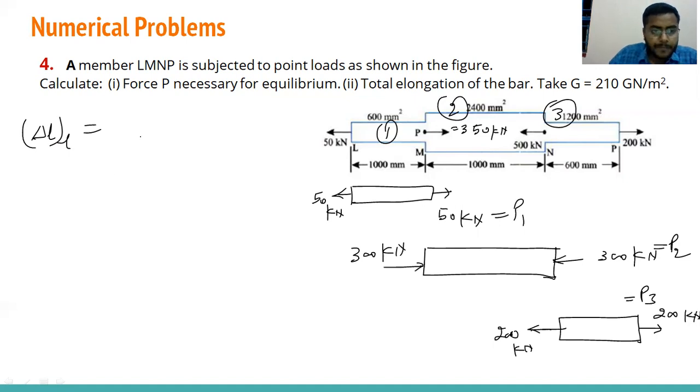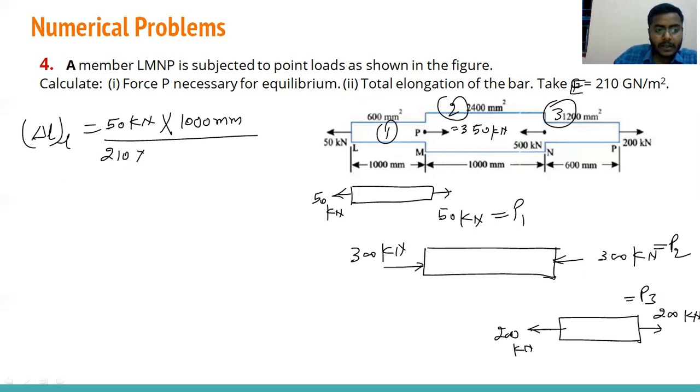Okay, so what is the formula? PL divided by EA. P, what is the force? That is 50 kilonewton into L. What is the length? 100 mm divided by E. E is given. This is E, not G. So E is given as 210 GPa, 10 to the power 9 per meter square, into cross section area that is given 600.